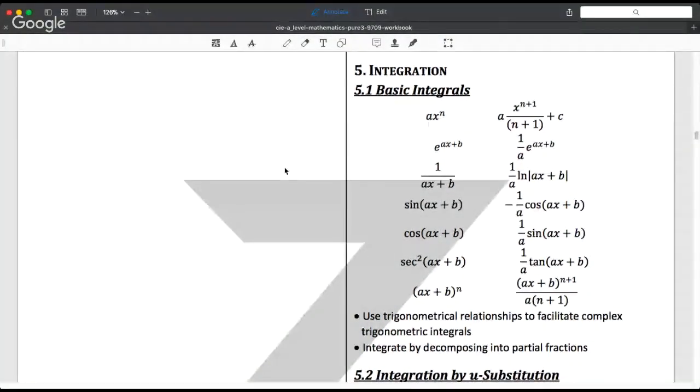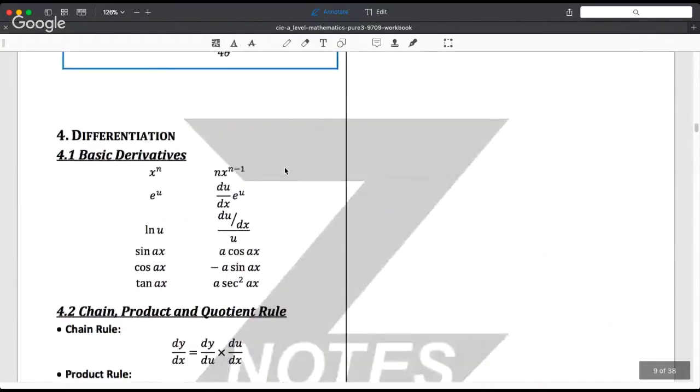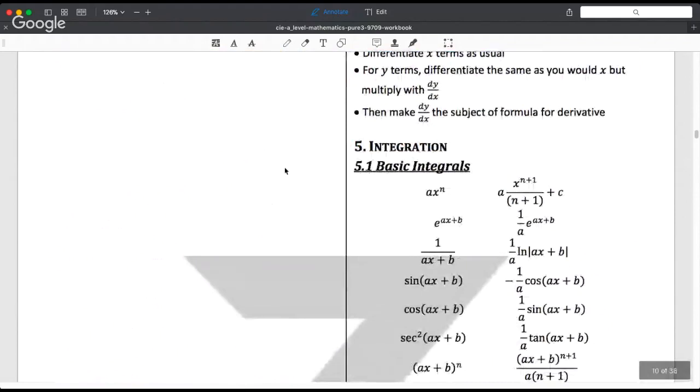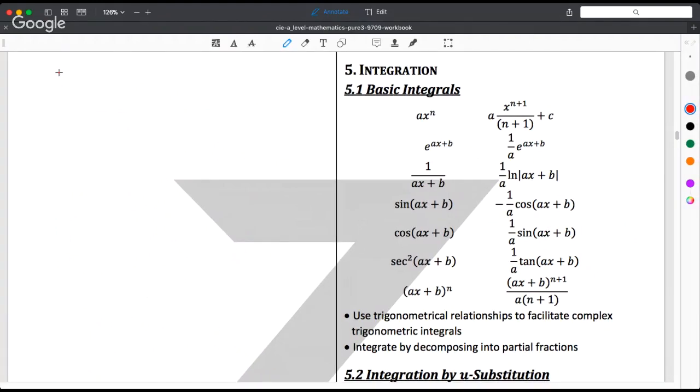Okay, cool. Right. So let's talk about the topic of integration. Before, we were doing differentiation, basic differentiation stuff. Integration stems from something called the fundamental theorem of calculus.